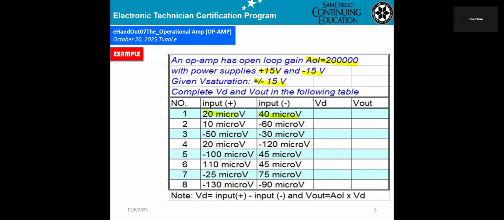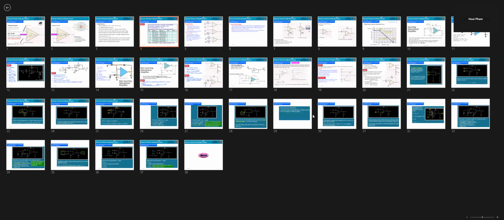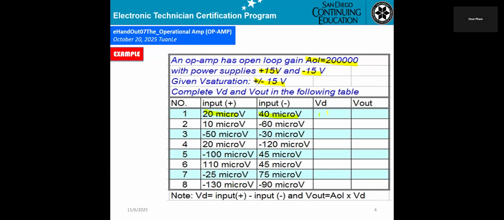So the VD will be equal to minus 220 microvolt.